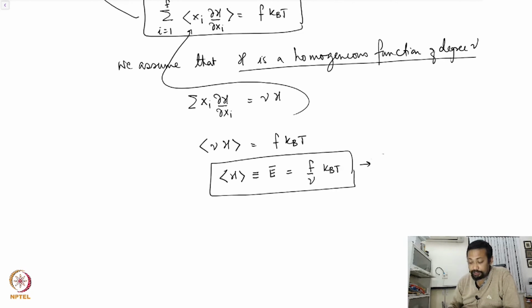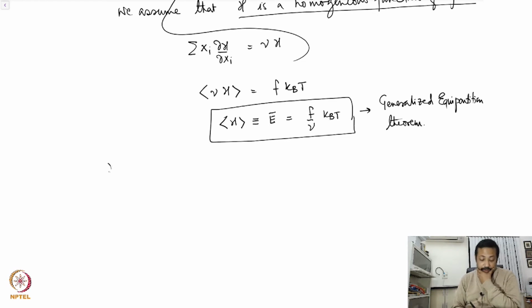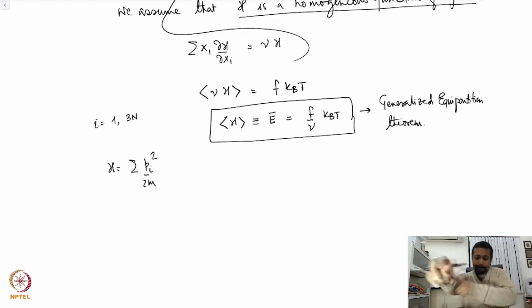And this is the generalized equipartition theorem. For a non-relativistic gas, I have p_i squared over 2m. Now i runs from 1 to 3N.